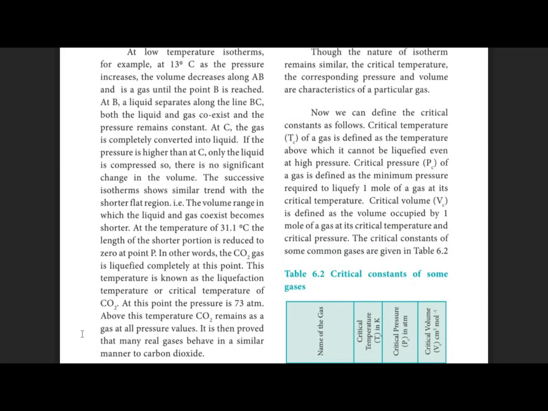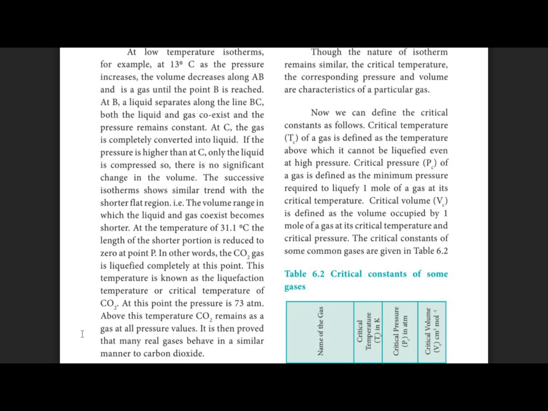Though the nature of the isotherm remains similar, the critical temperature and the corresponding pressure and volume are characteristic of a particular gas. Now we can define the critical constants as follows. The critical temperature Tc of a gas is defined as the temperature above which it cannot be liquefied even at high pressure.